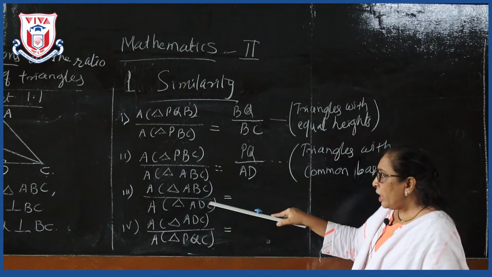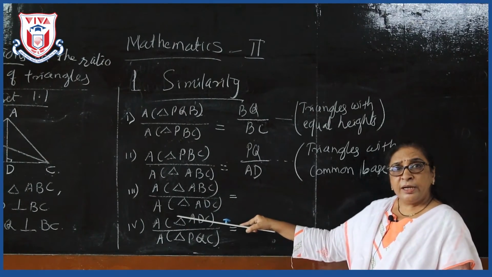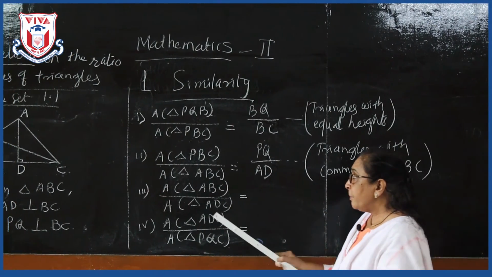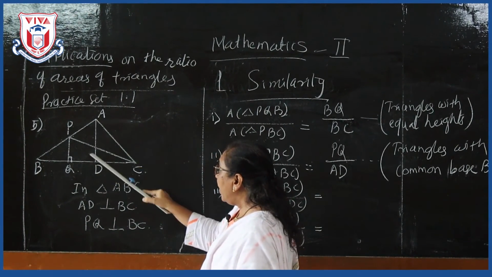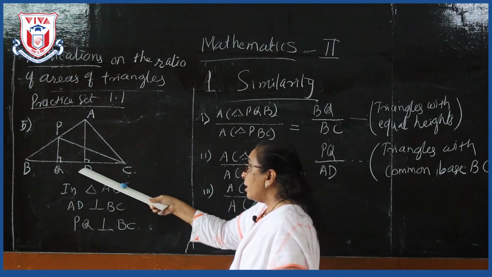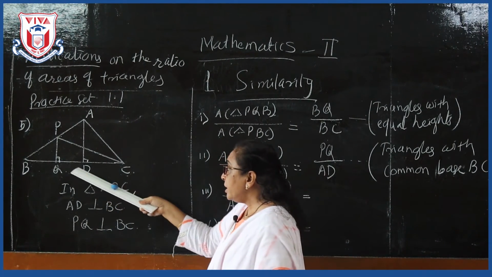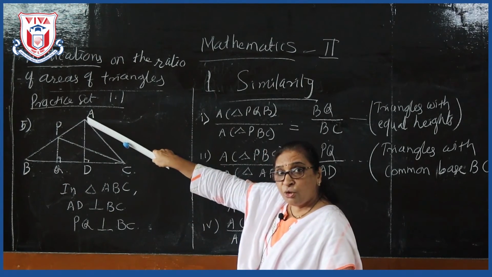In the third ratio, area triangle ABC upon area triangle ADC. ABC and ADC, if you see, their bases are lying on the same line, and the vertex A is common.